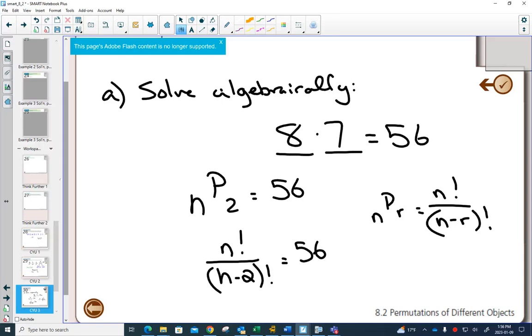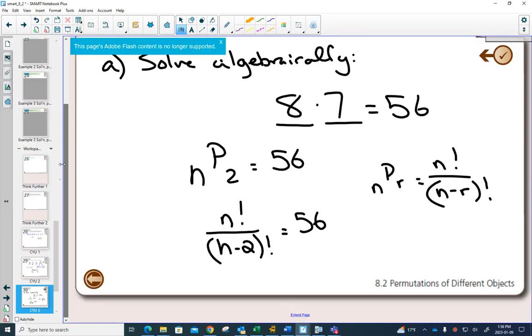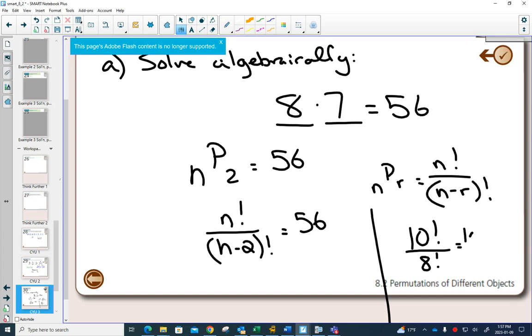This is easier to see if we use actual numbers. So off to the side here, just temporarily, I'm going to say if I had 10 factorial over 8 factorial, I hope you would notice that 10 is bigger than 8. And the definition of a factorial would be 10 times 9, and I would keep going until I get down to 1.